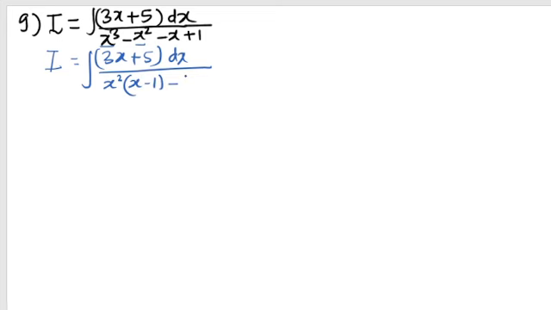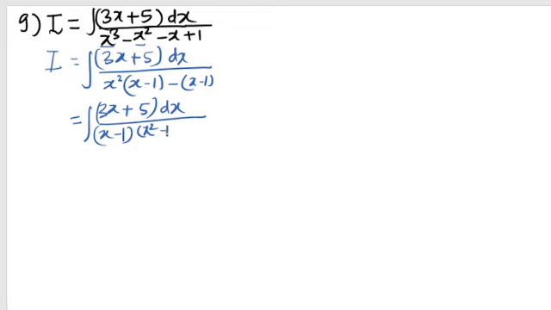Here we are going to take minus common, so it will become x minus 1. Right? Now what can we do? Numerator part as it is 3x plus 5 into dx, and this is divided by x minus 1, and it is x square minus 1.